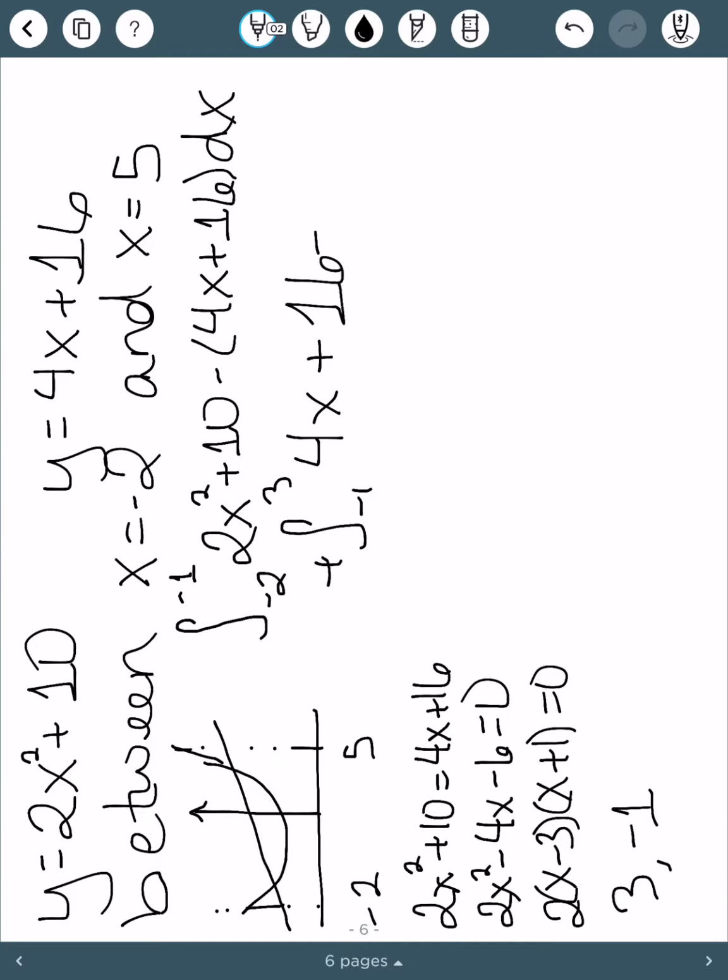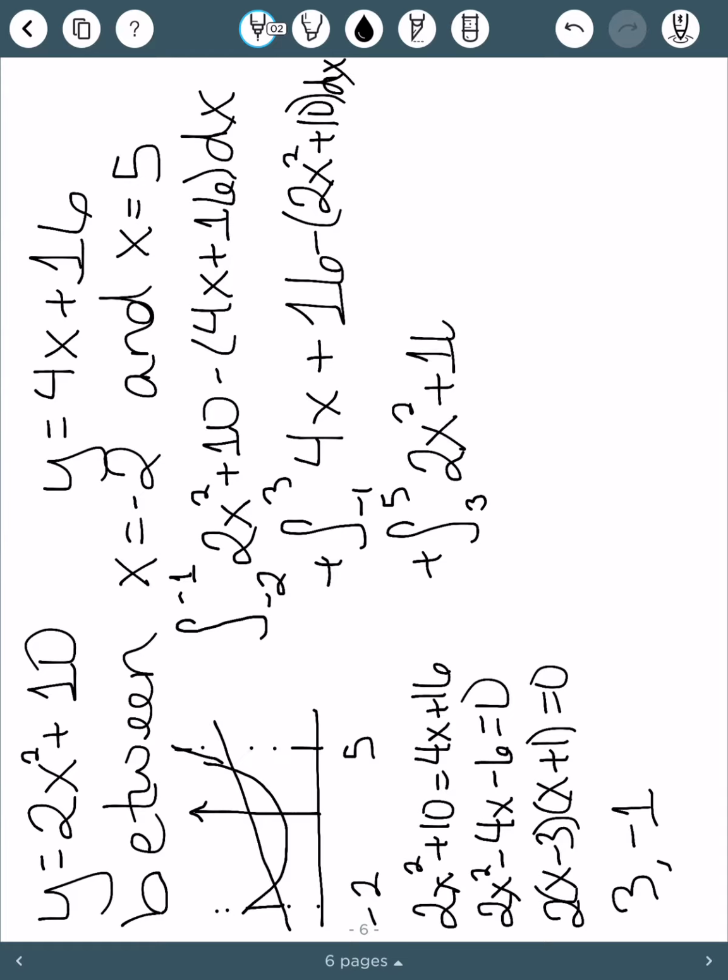And then we'll subtract out the 2x squared plus 10 dx. And then finally, between 3 and 5, we're going back to the 2x squared function on top. And then we subtract the 4x plus 16. So we did have to do this one in pieces.